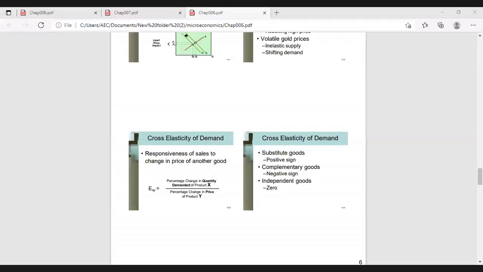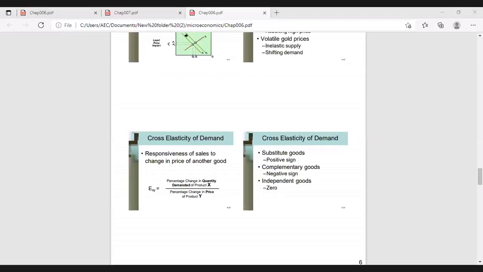If both change in the same direction, these two commodities are substitutes. When the other commodity's price increases, it becomes relatively expensive, so they will buy this particular commodity more, substituting the cheaper product for the expensive one. If the other commodity's price decreases, it becomes relatively cheaper, so consumers will purchase less of this commodity and more of the other.